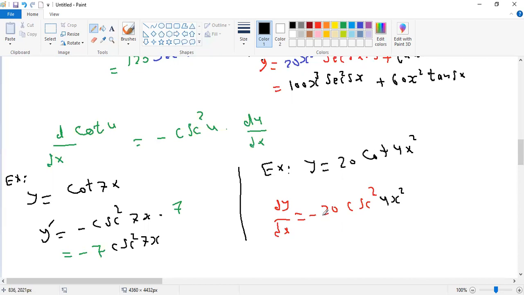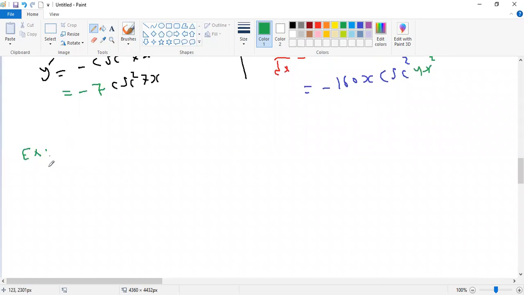So cotan is minus cosecant squared, multiplied by the derivative of the angle, which is 8x. Now 8x multiplied by minus 20 gives minus 160x cosecant squared, where the angle is 4x squared. Okay, another example.